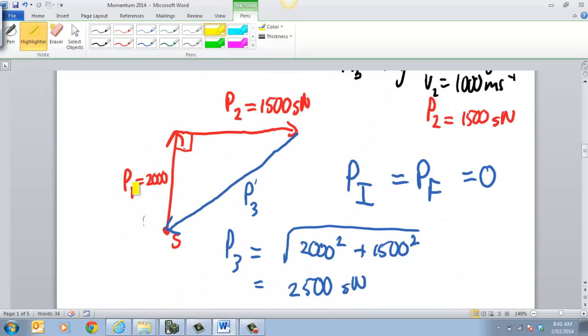Particle number 1 goes up this direction at 2,000 kg m/s, and particle 2 goes this way at 1,500 kg m/s. We know the mass of particle number 3, but we don't know its velocity.